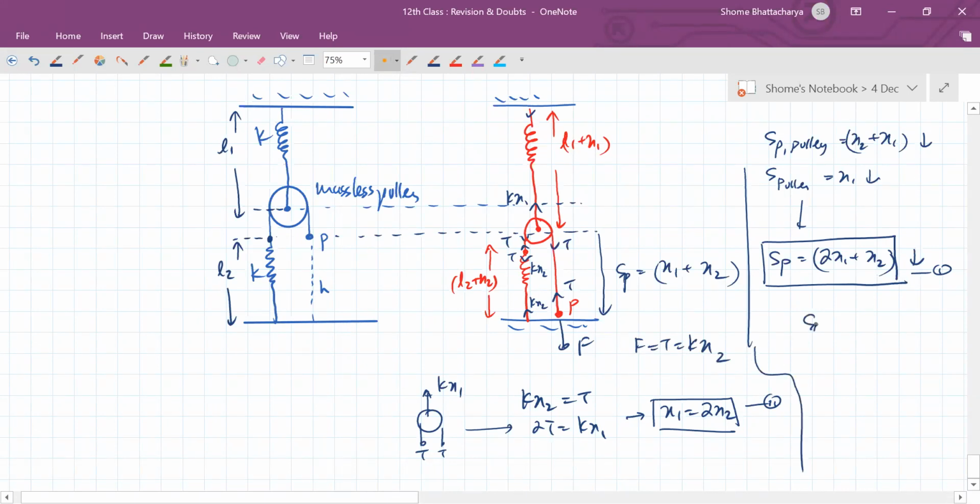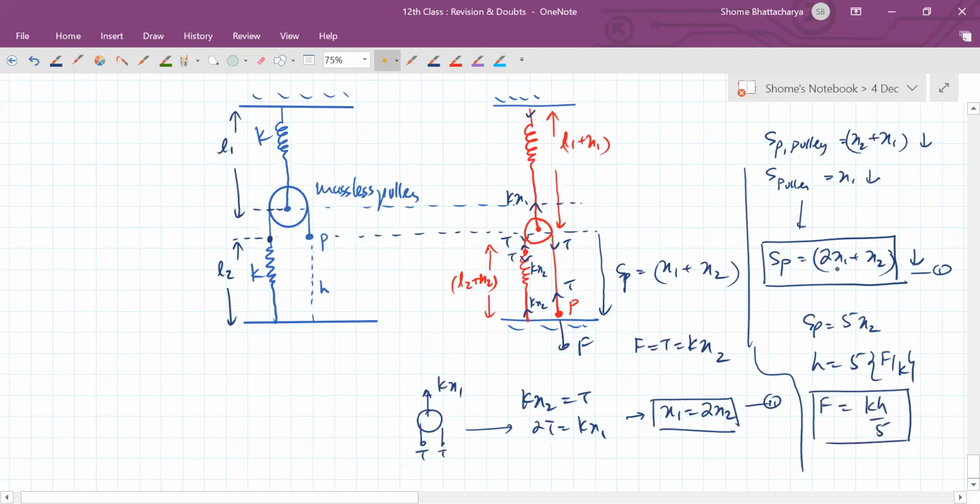So from here the displacement of the point P is equal to 5 times x2. So if we want the displacement to be h, this has to be 5x2. Now x2 you can see from here is F by K. So F should become equal to KH by 5.